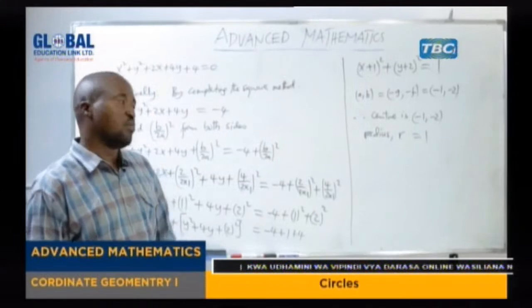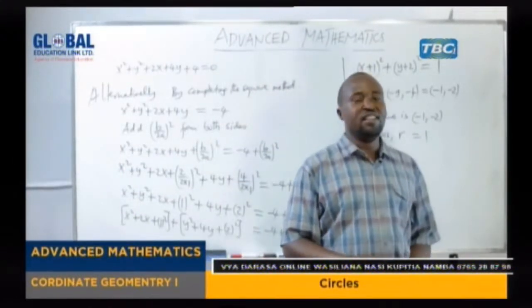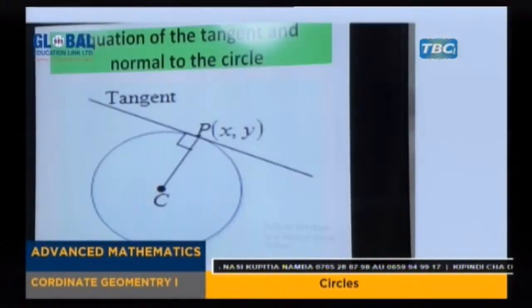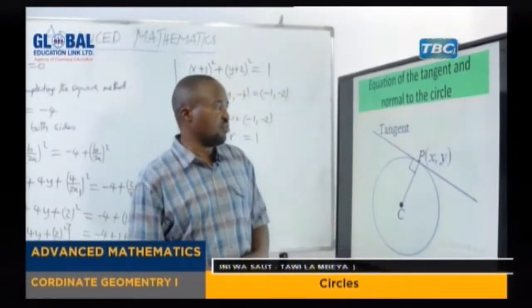So my dear student, let us proceed with the last subtopic in the coordinate geometry 1. That is the equation of the tangent and the normal to the circle. So here we have a circle, but again with a line which touches a point of the circle, or just one single point of the circumference of the circle.